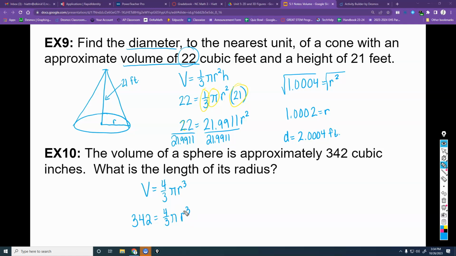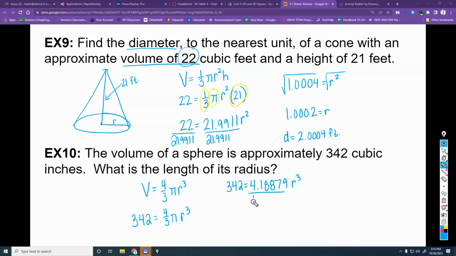So what we can do here is multiply 4/3 and pi together in our calculator. If we do a decimal, it is going to give us 4.18879. And then we still have that radius cubed.